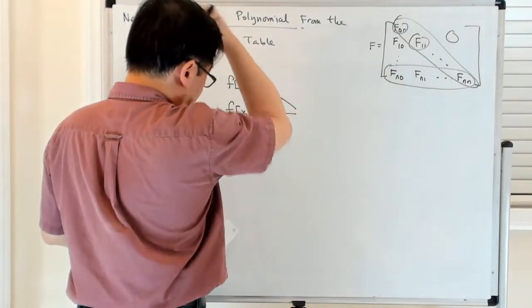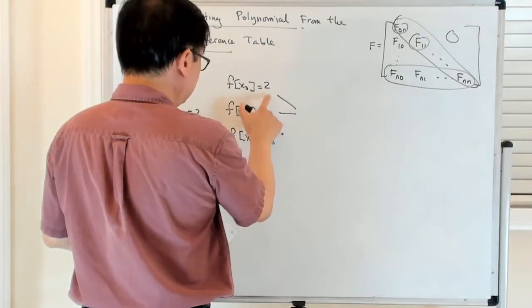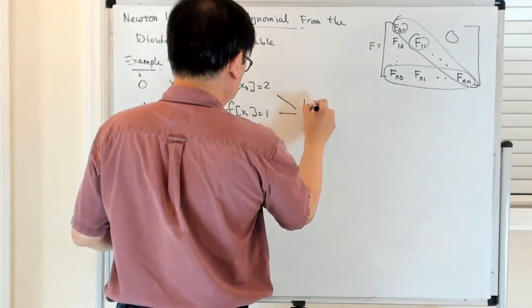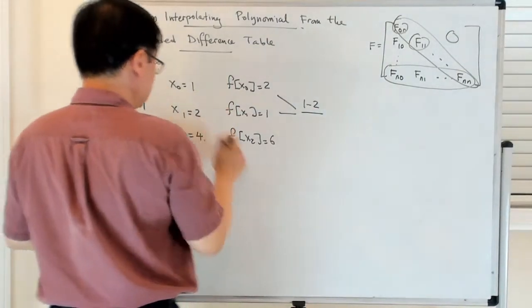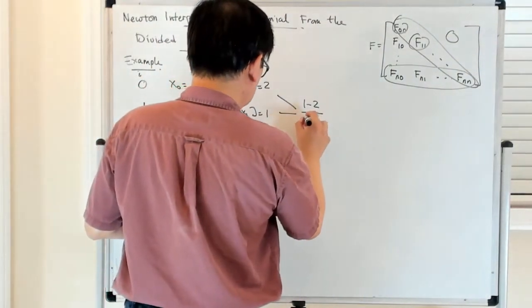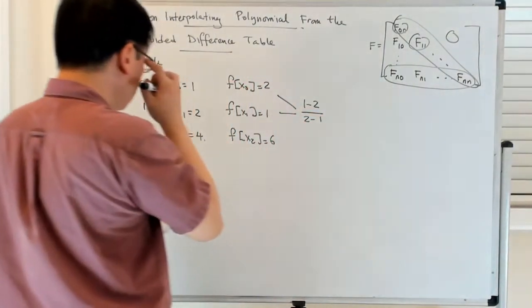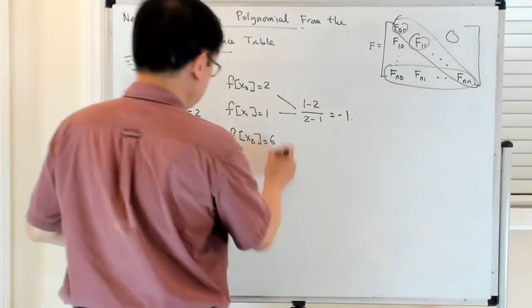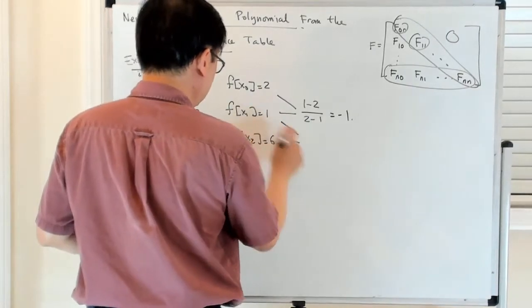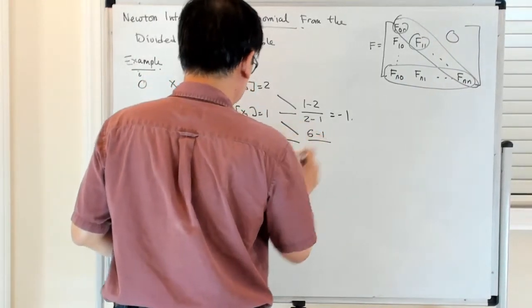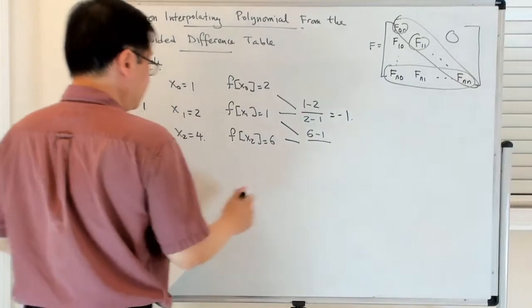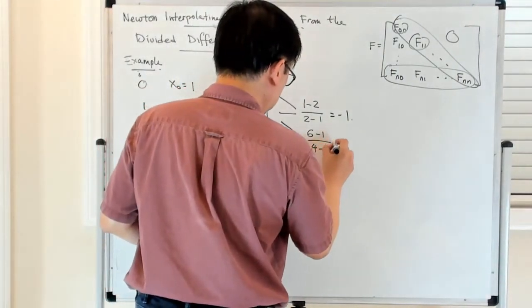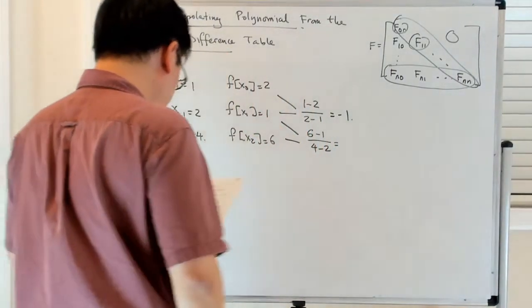This first order divided difference is this minus this: 1 minus 2 divided by 2 minus 1, so that's minus 1. This divided difference is 6 minus 1 divided by 4 minus 2, so it's 5 over 2.